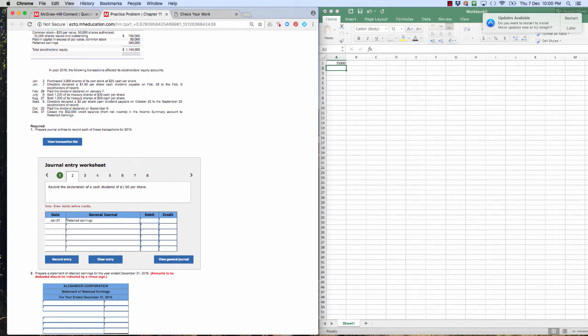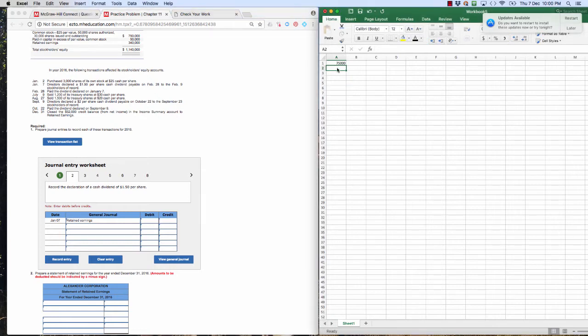The reason is that when a company earns net income, they either retain it as retained earnings or pay it out as dividends. When we clear the net income account, we post it all to retained earnings. So when we declare dividends, we need to take them out of retained earnings.